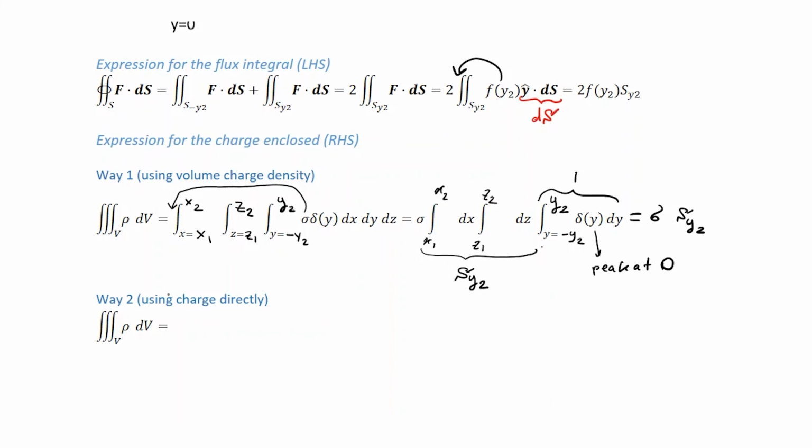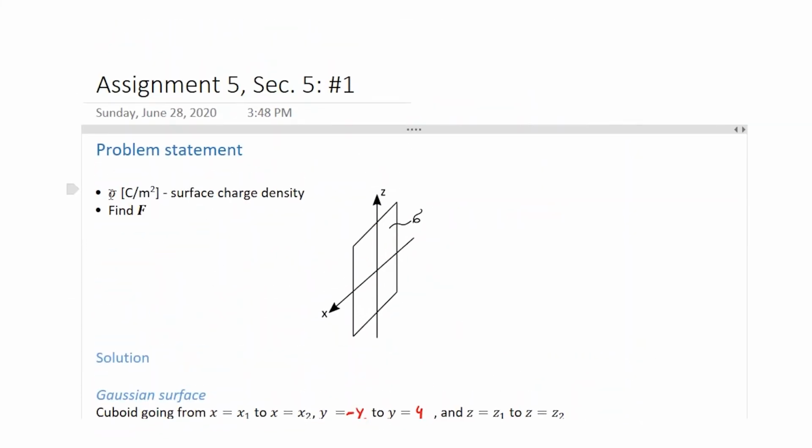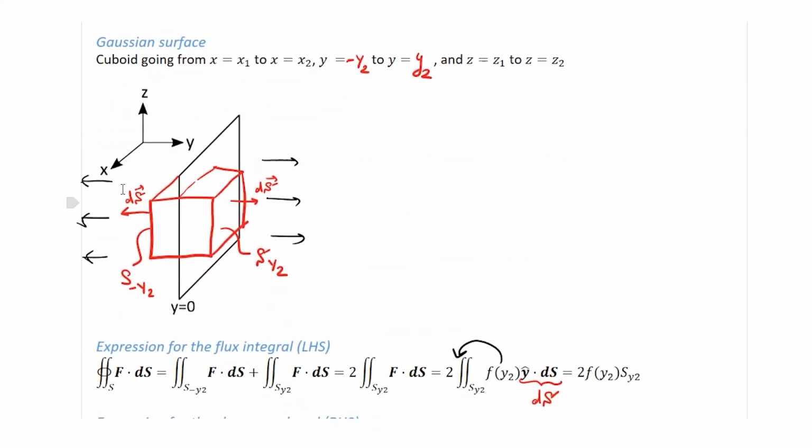Now, there is a second way to evaluate the right-hand side integral, which is by using the surface charge density directly. Surface charge density physically means the amount of charge per unit surface area. The amount of surface area that's cut out by this Gaussian surface is this much.